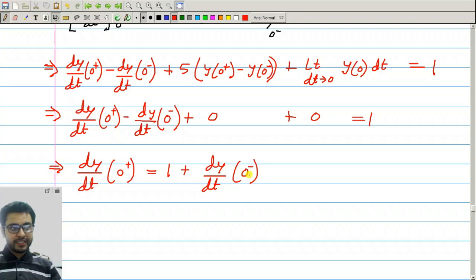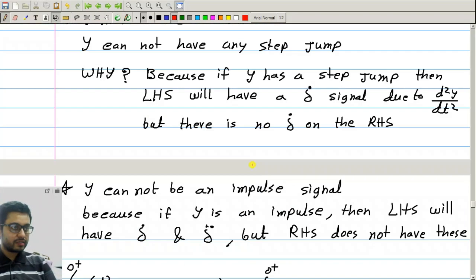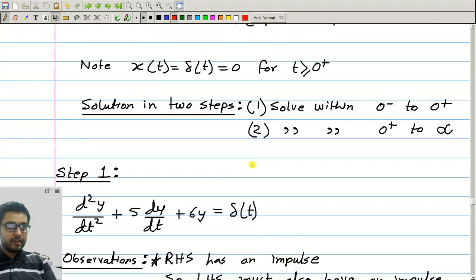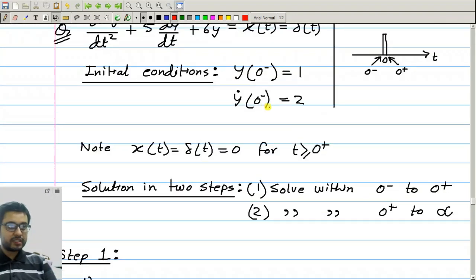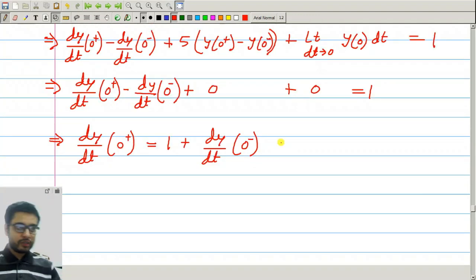Now dy dt at 0 minus is given in the question. Its value is 2. So this will become 1 plus 2 equal to 3.